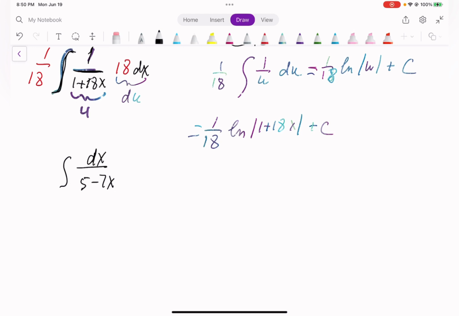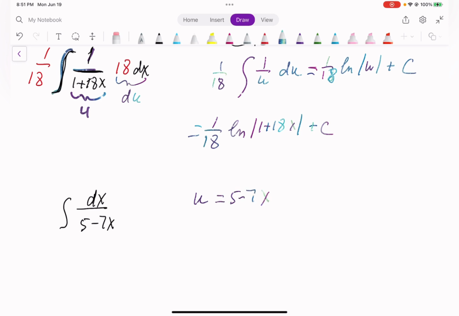So what do we have here? U, substitute 5 minus 7x. So du is gonna be, derivative of 5 is 0, and negative 7x is going to be negative 7, right? Derivative of x, dx.